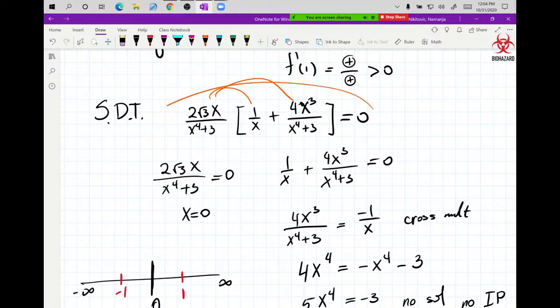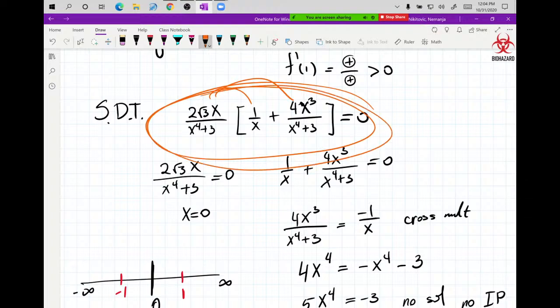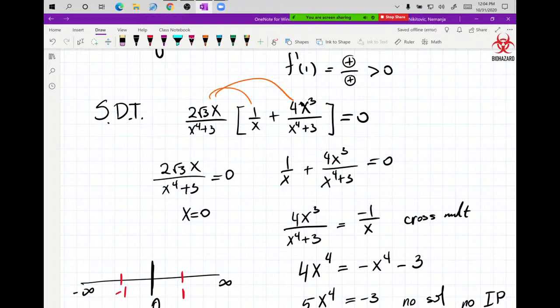You want to plug in 1 and -1 into this one here. If you distribute this, you'll have fewer calculations because you have 2√3, x and x cancel, over x to the 4 plus 3, and then plus, now this becomes 8√3 x to the 4th divided by x to the 4th plus 3.